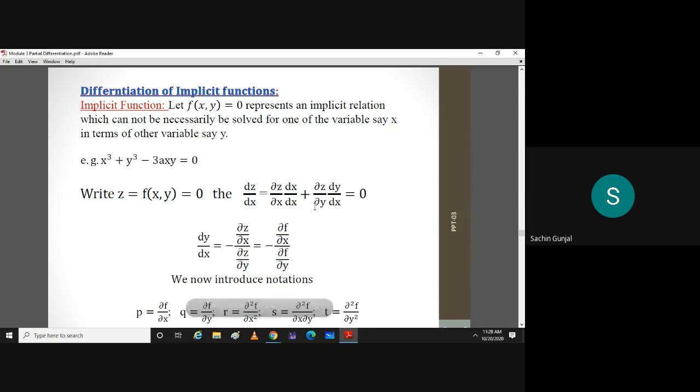From this you can calculate dy/dx as ∂z/∂x upon ∂z/∂y, with a minus sign, which is also the same as ∂f/∂x, and this ∂z/∂y is also the same as ∂f/∂y, with a minus sign.